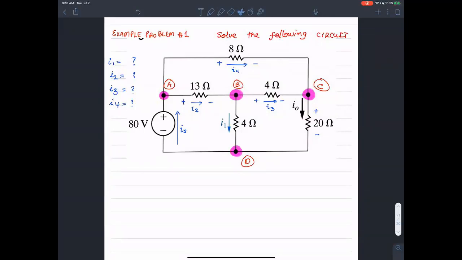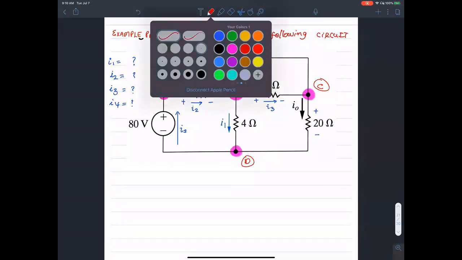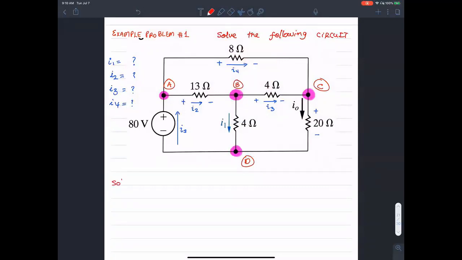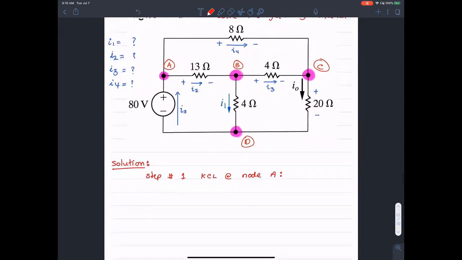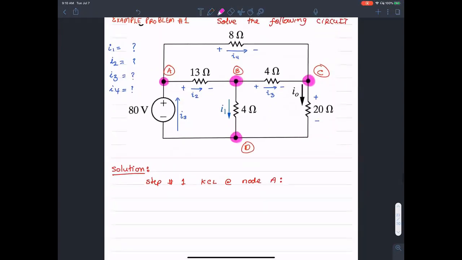The first thing I'm going to do is to solve this circuit. The solution is to set up equations. The first thing to do is to apply KCL, Kirchhoff's current law, at node A. KCL says, look at all the currents coming in on one side.